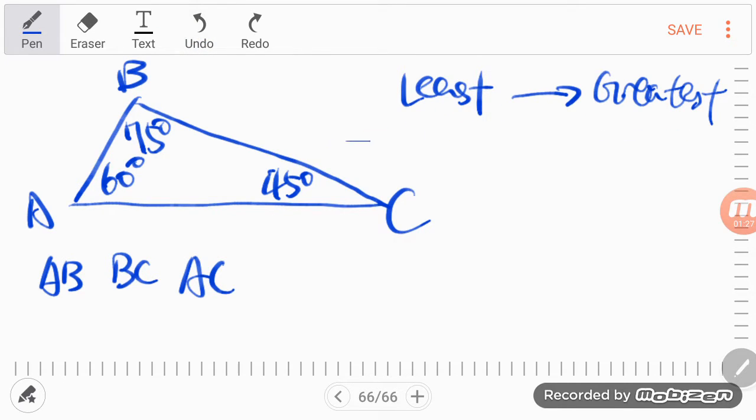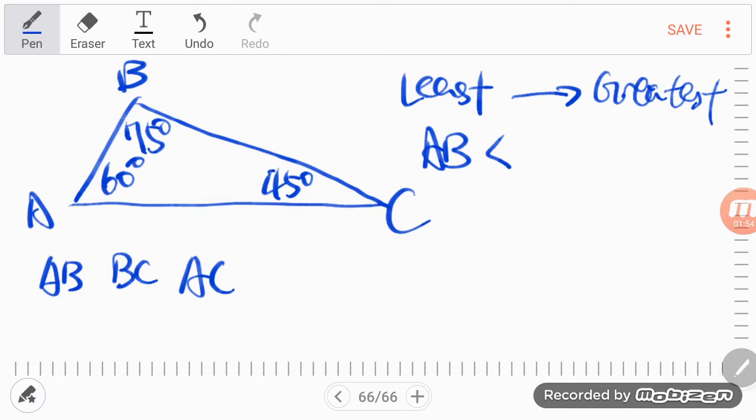The shortest side is gonna be the segment that is opposite of the smallest angle, which means that would be my segment AB. Since we're comparing the values, the length of AB is gonna be the shortest.